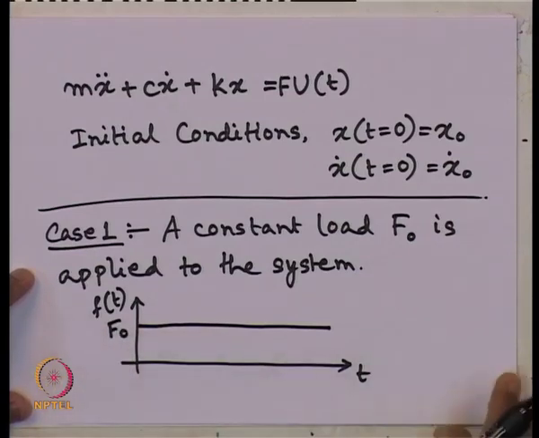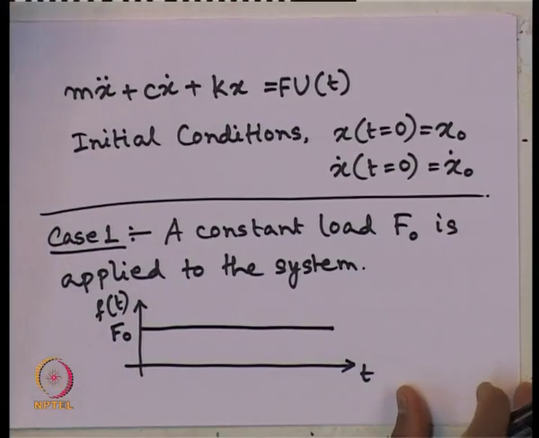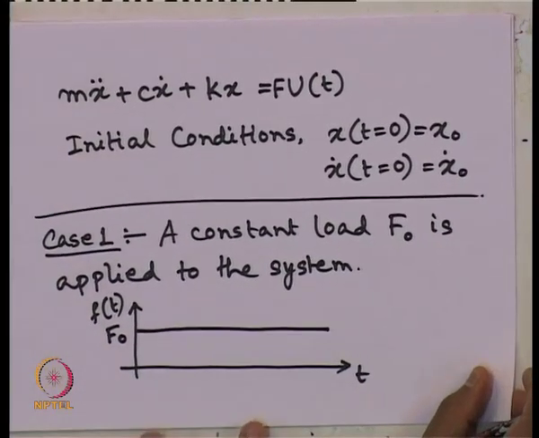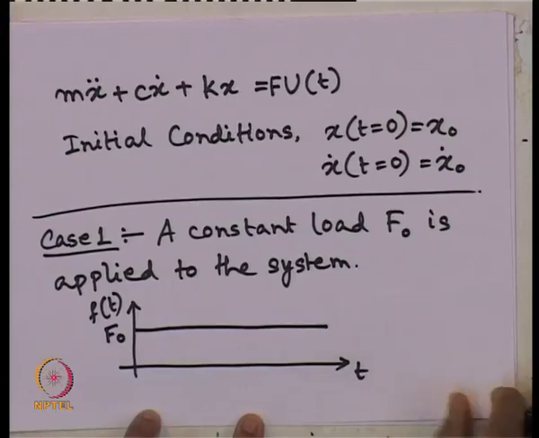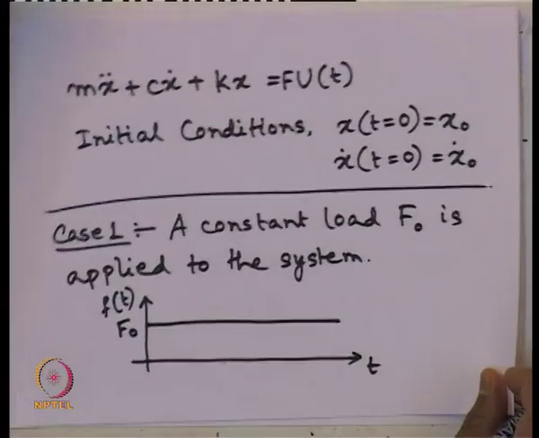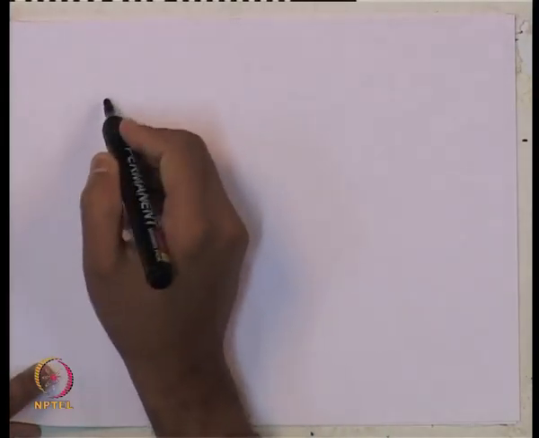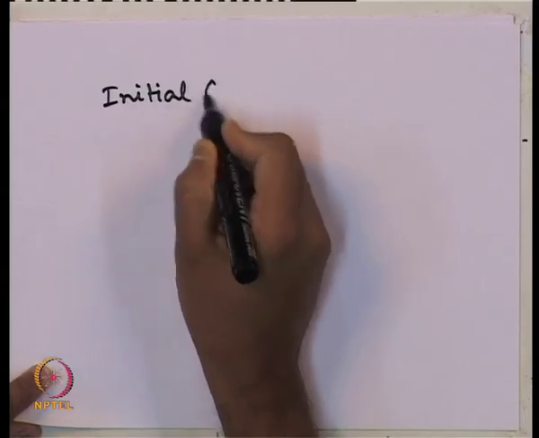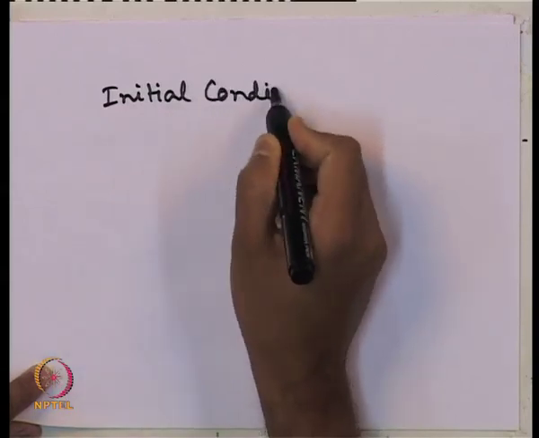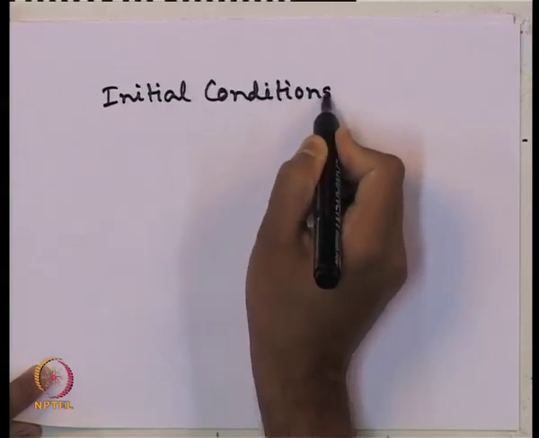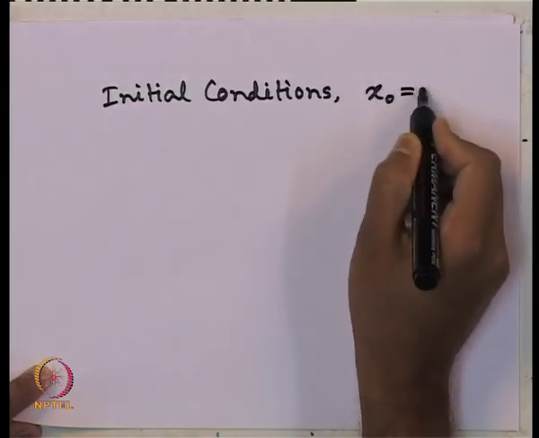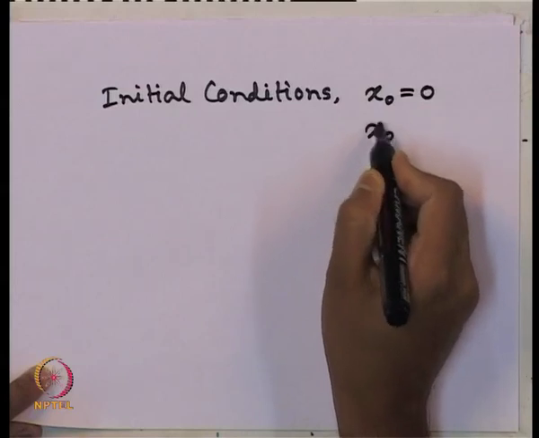So, for this forced vibration, what should be the equation of motion? And let us consider for this system, the initial conditions given to us are, let us say, that x naught is 0 and x naught dot is 0.